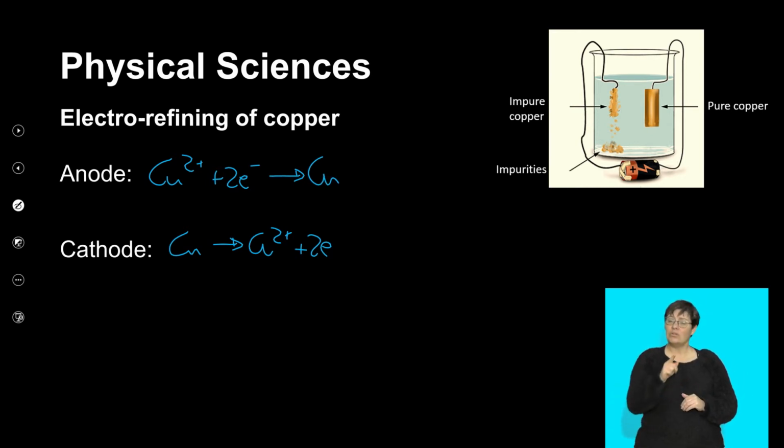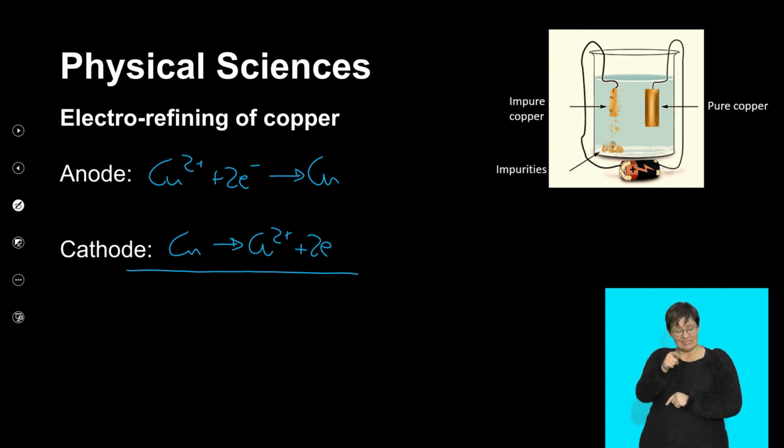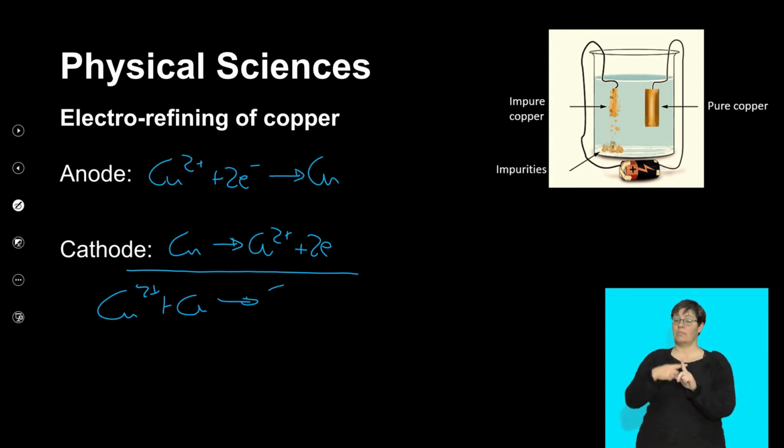So guys, I want you to make sure that you can write the net reaction for this particular equation as well. So when we write the net equation, you'll see that on this side you've got copper 2 plus and copper, and on this side we've got copper plus copper 2 plus.